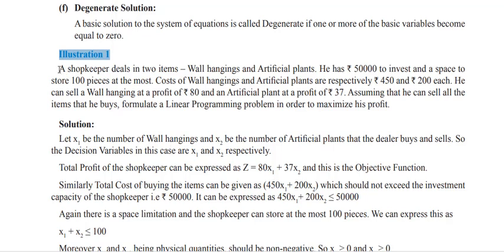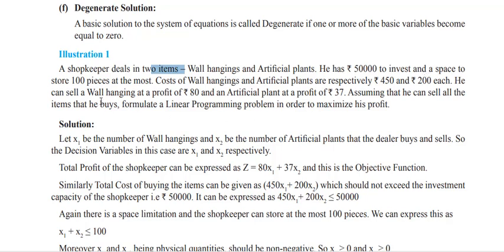So a shopkeeper deals in two items: wall hanging and artificial plants. He has rupees 50,000 to invest and a space to store 100 pieces at the most. Cost of the wall hanging and the artificial plant are respectively rupees 450 and 200 each.